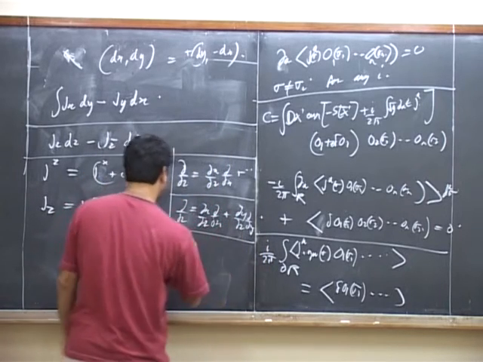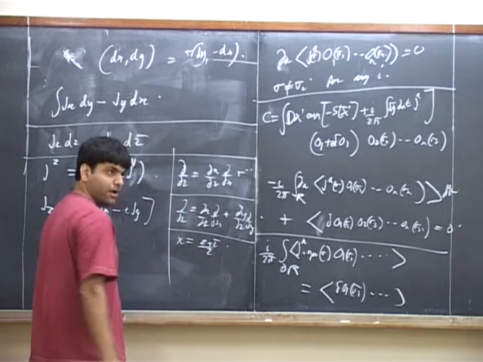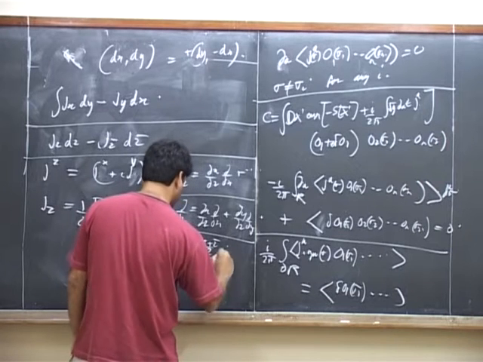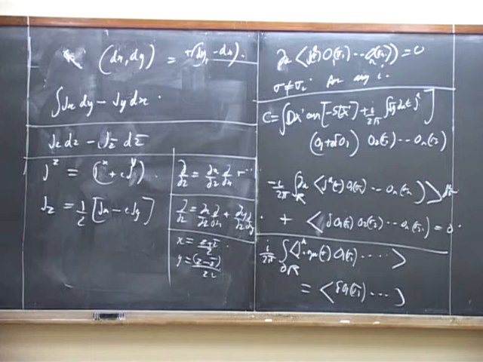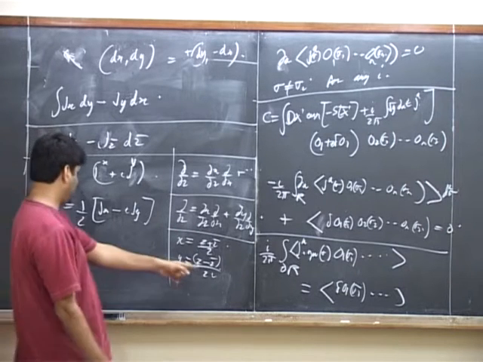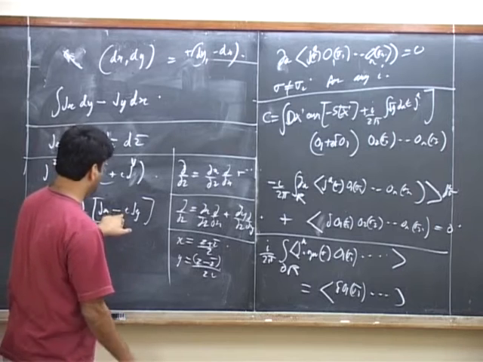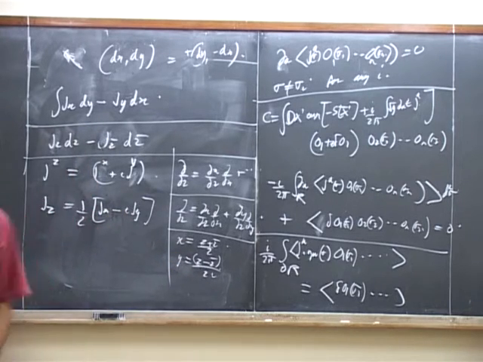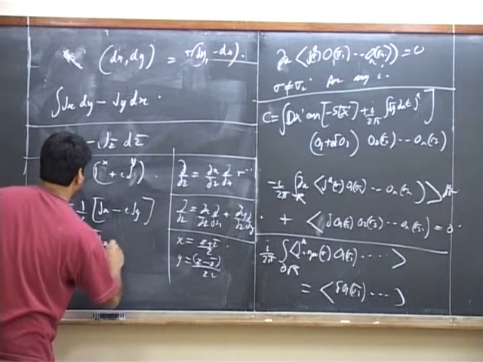Now x is equal to z plus z bar over 2, but y is equal to z minus z bar over 2i. So jz would have a 1 by i and therefore a minus i. So this is what jz is, and jz bar is half of jx plus i jy.